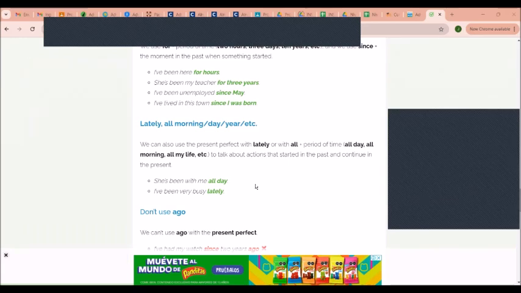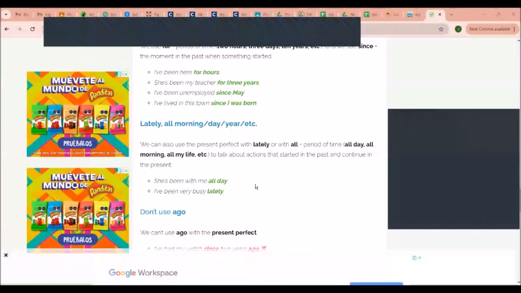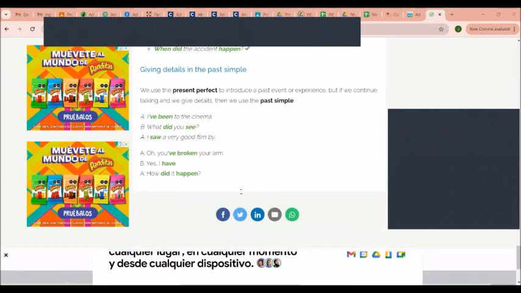It's the same as in Spanish, etc. To talk about actions that started in the past and continue in the present. She's been with me all day. It's been very busy lately. All right, so these are those other phrases that we can use.